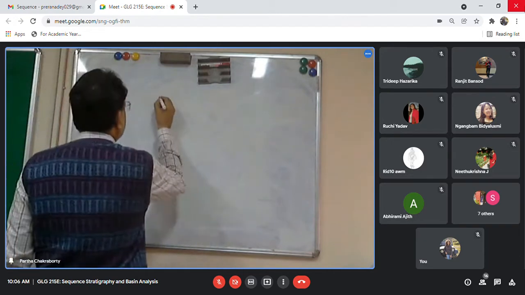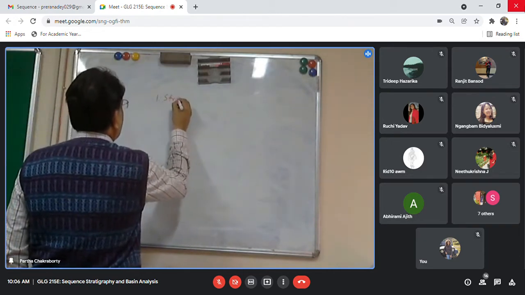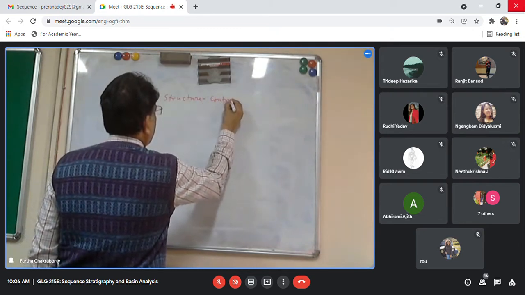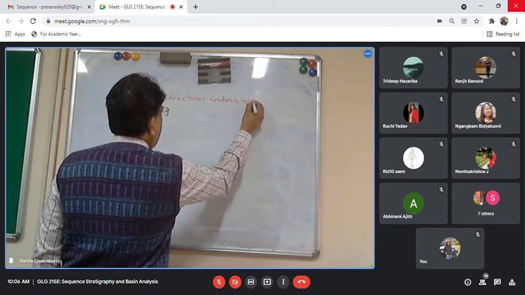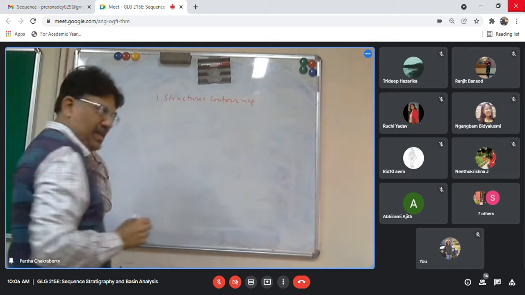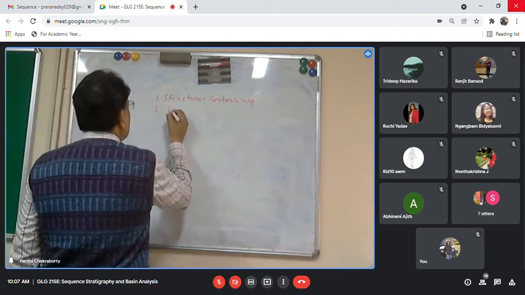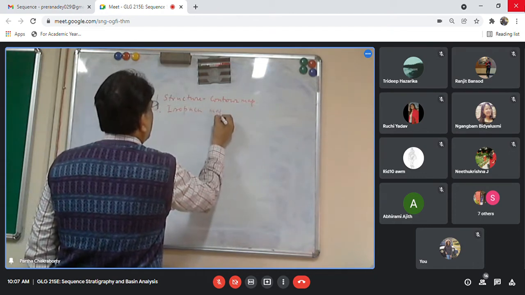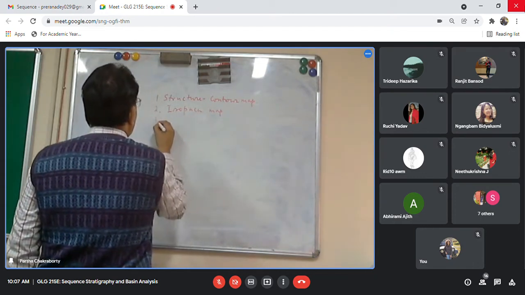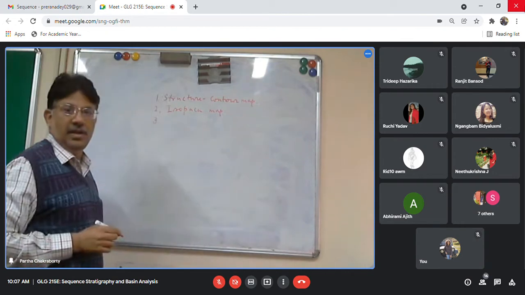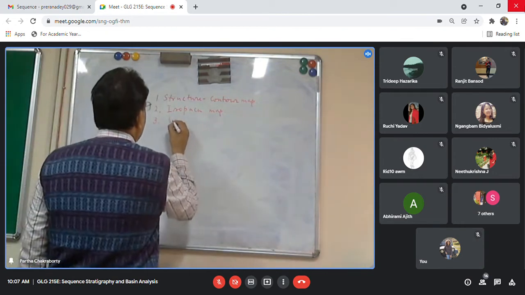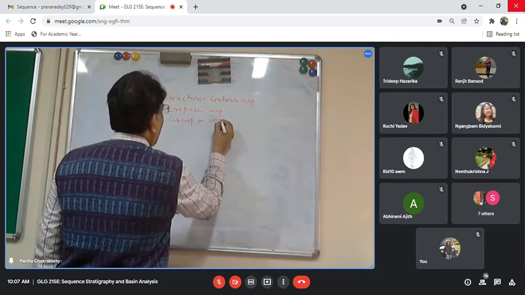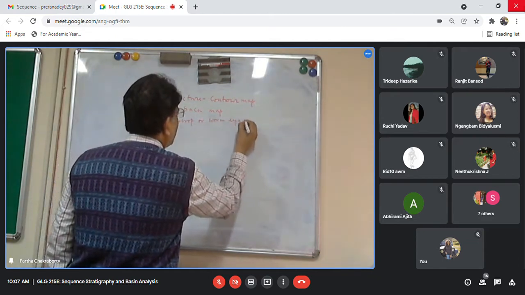Number one, structure contour map. Number two, isopath map. Number three, subcrop or worm eye view map.